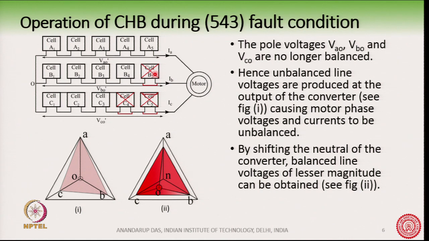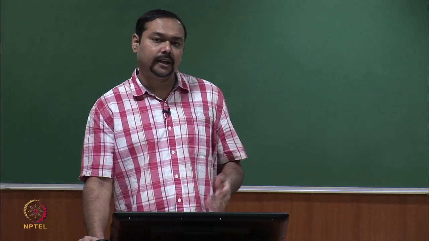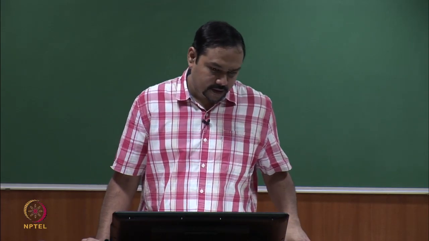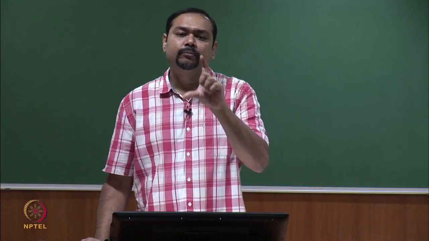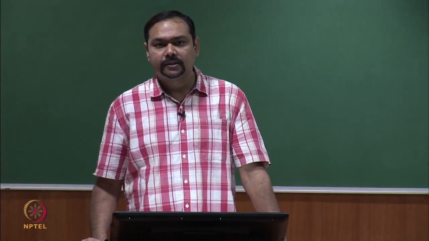Now, why this 1.7? There may be several reasons why the designer can keep 1.7 as the safety factor. Say, for example, 1000 volt is on the DC bus.